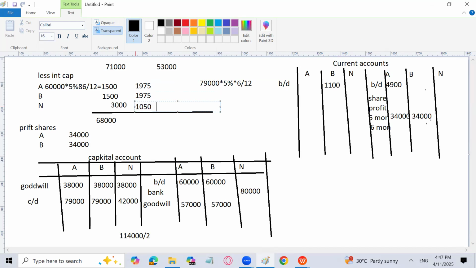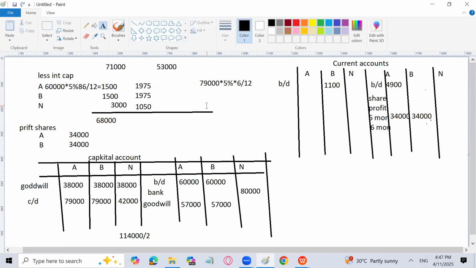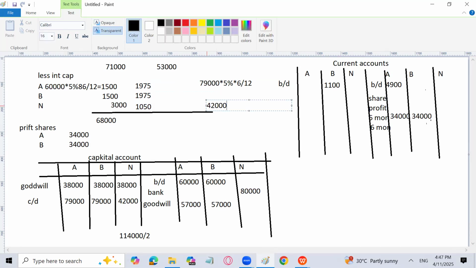1050. So we go for the total of this: 1975 plus 1975 plus 1050 is 5,000.